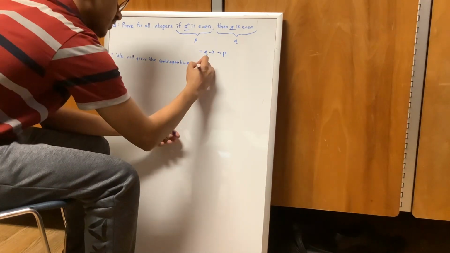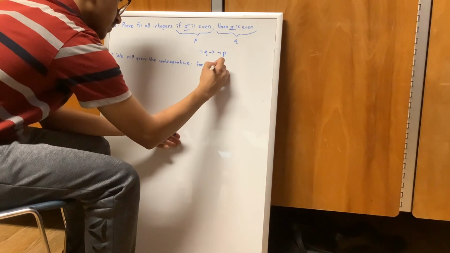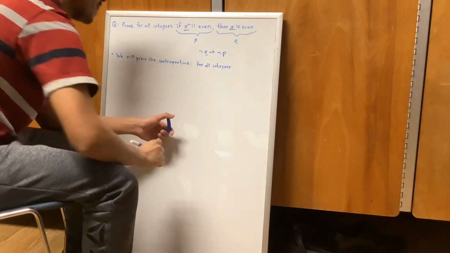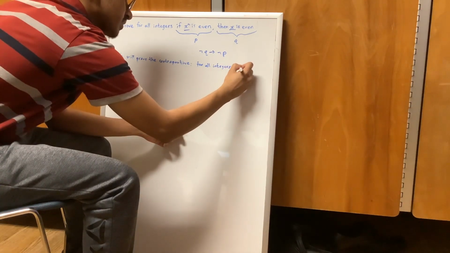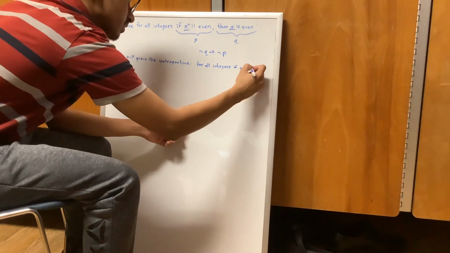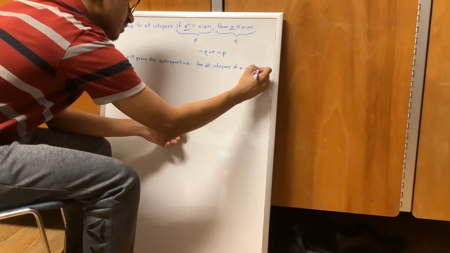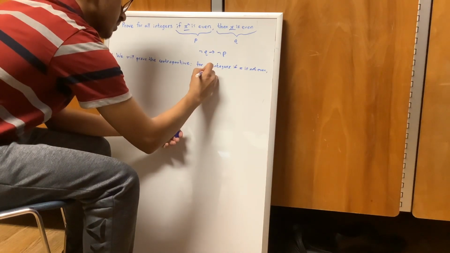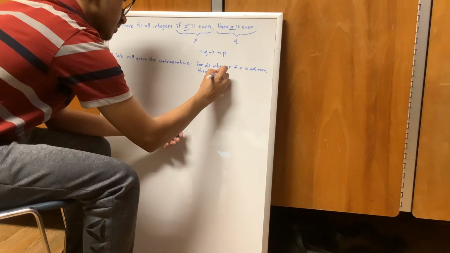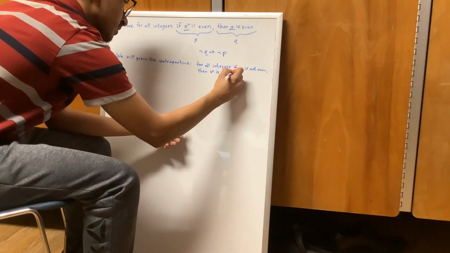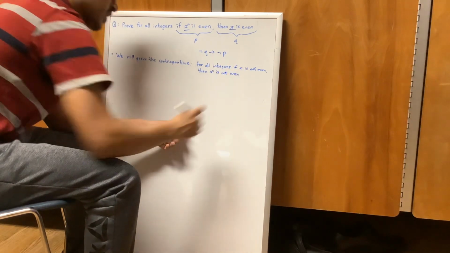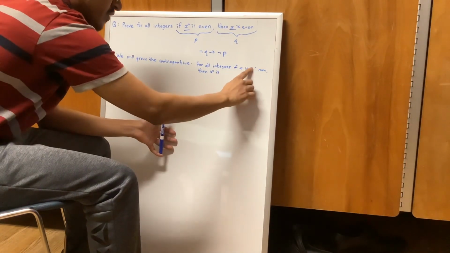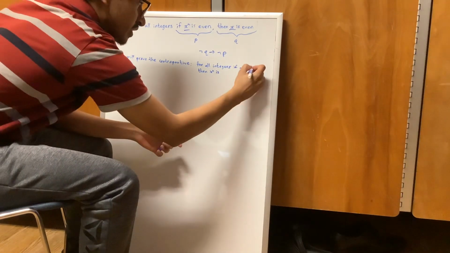That would be: for all integers, if x is not even, then x squared is not even. And because they're integers in this case, we can replace not even with odd. So we will just write this as odd instead.